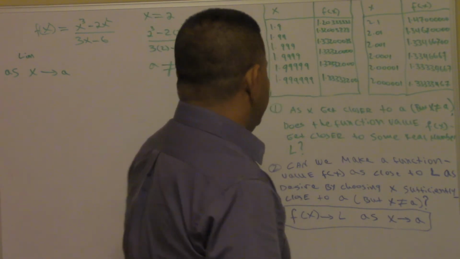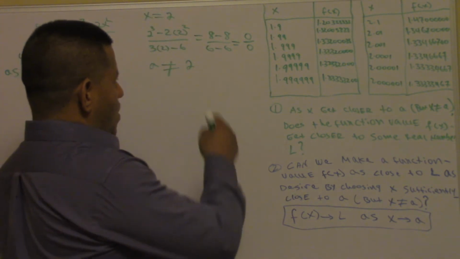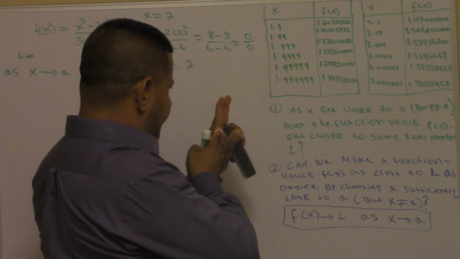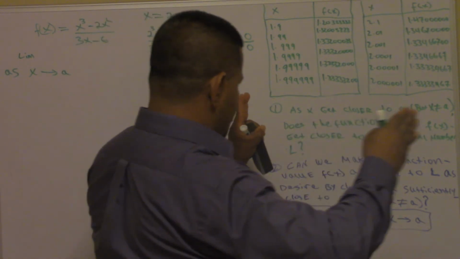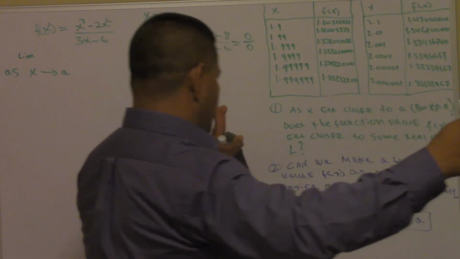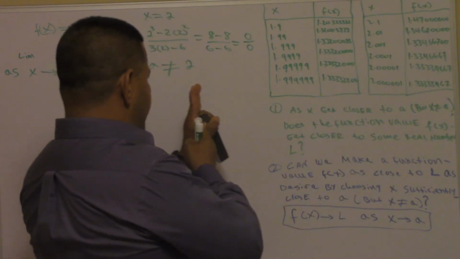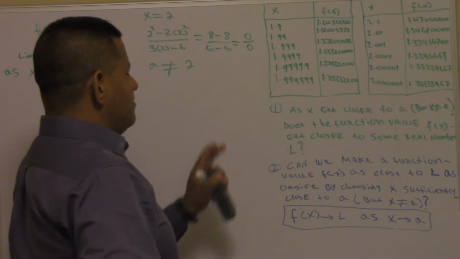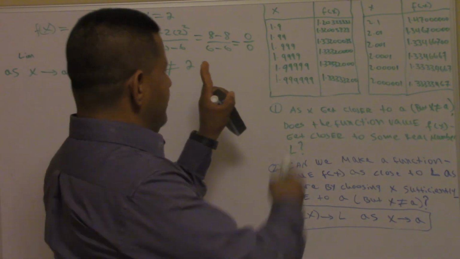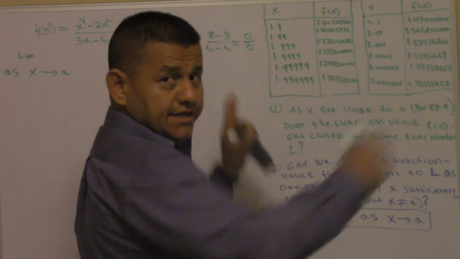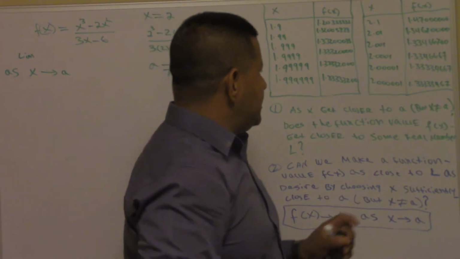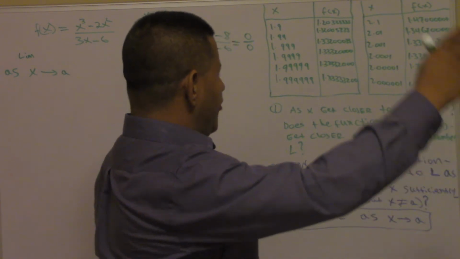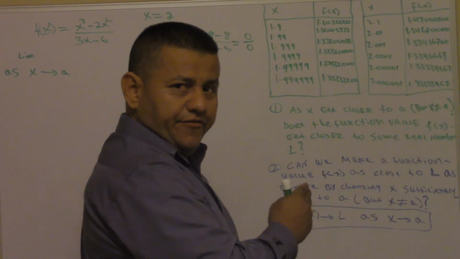Now, this is going from left to right. Why? Because I picked 0.9 first and I am increasing closer to 2. Now, what I did, I made another table going from right to left.